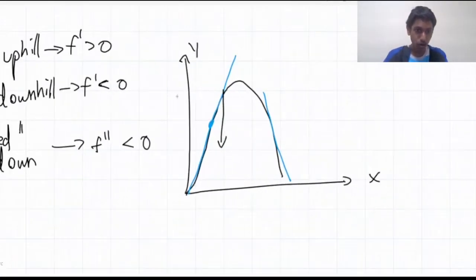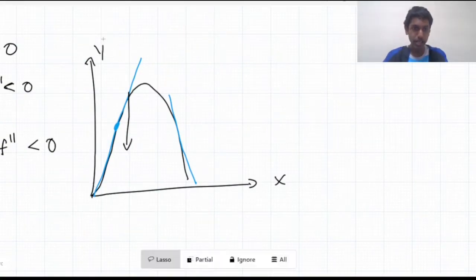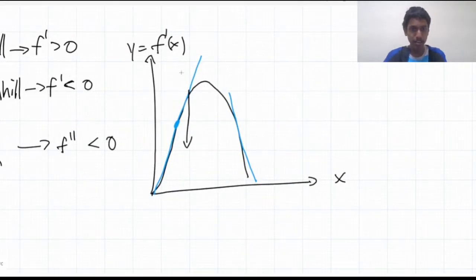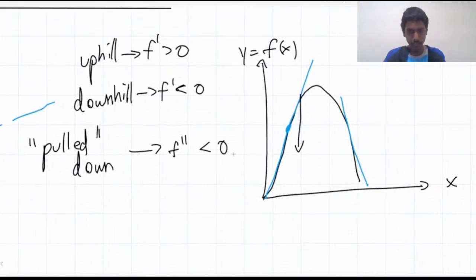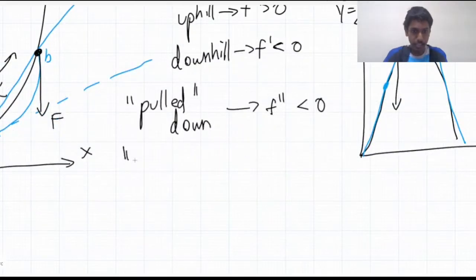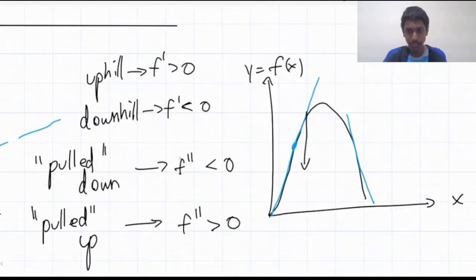Now all of this is assuming that we are talking about the graph of f, y equals f of x. If this is f prime of x, then it's a different story. But I'd just like to focus on f right now. And likewise, if the graph of f is pulled up, then you can say that the second derivative is positive.